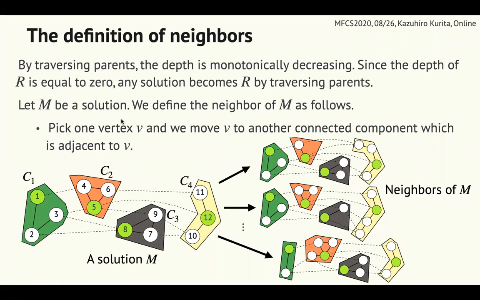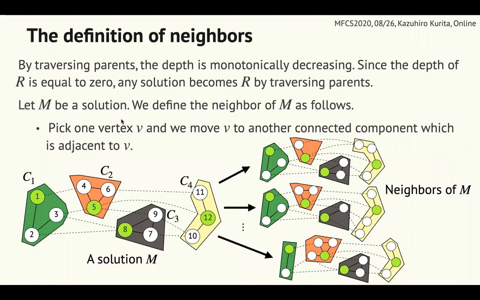Finally, we consider the neighbors of each solution. Each parent of a solution has the original solution as a neighbor. The supergraph makes a spanning tree and we can enumerate with polynomial delay and polynomial space by using reverse search. From the definition of the parent, by picking a pair of vertices and moving the parent relation to the appropriate connected component, we can list the original solution.